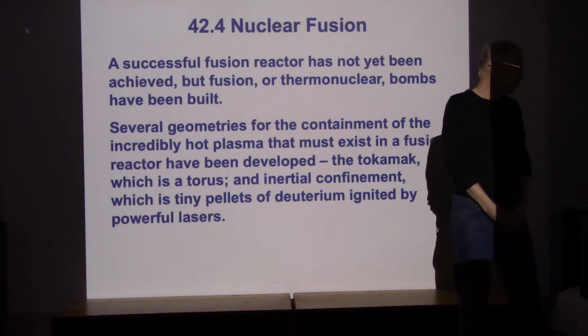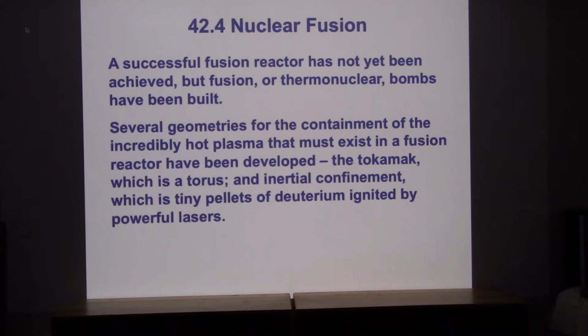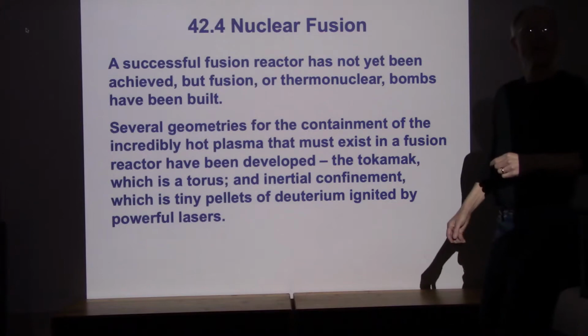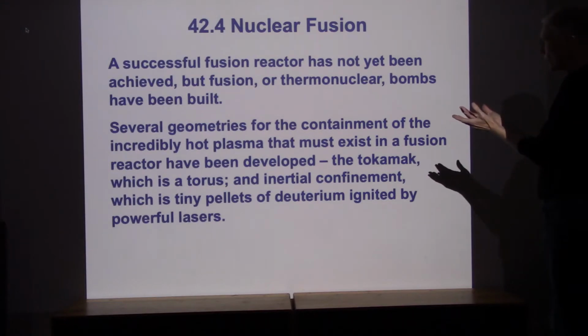All right, so a successful fusion reactor is still 10 years into the future. That's what we keep telling ourselves. One of the ideas for that is to get a reaction vessel.